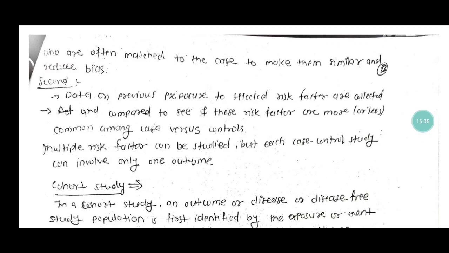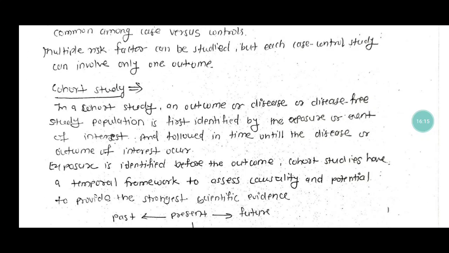Multiple risk factors can be studied, but each case control study can involve only one outcome. Number 5, cohort study.